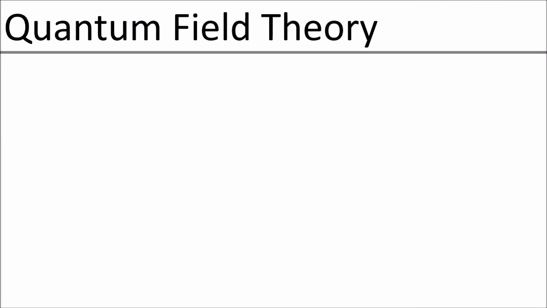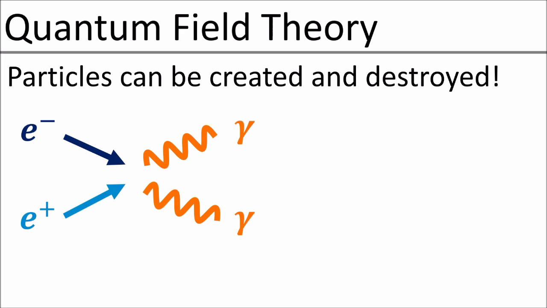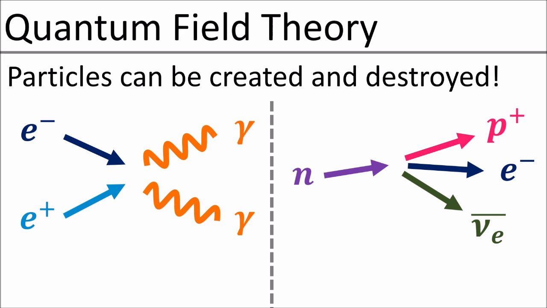First, I want to point out that in real-life experiments, physicists have seen that particles can be created and destroyed. For example, an electron and its antimatter counterpart, the positron, can annihilate with each other and create a pair of photons. Or in beta decay, a neutron is converted into a proton, and this creates an electron and antineutrino in the process.